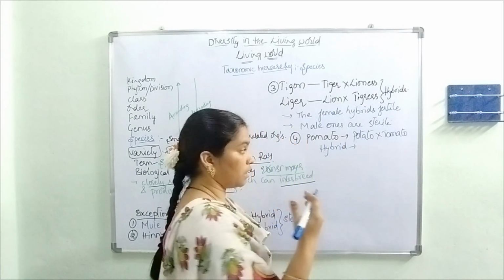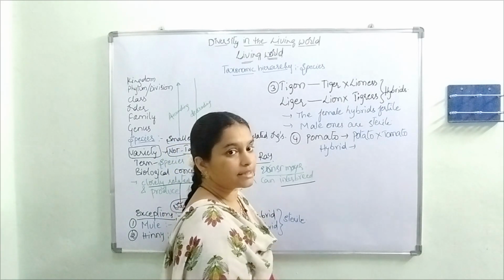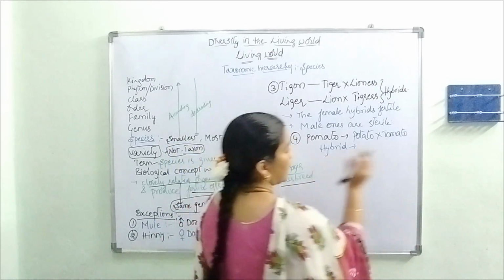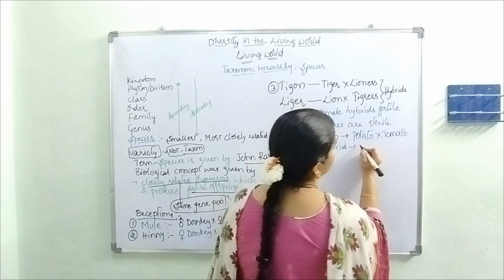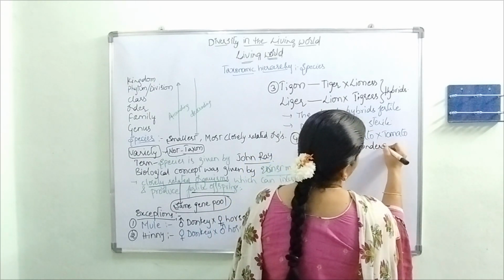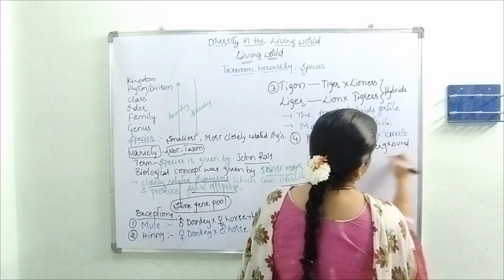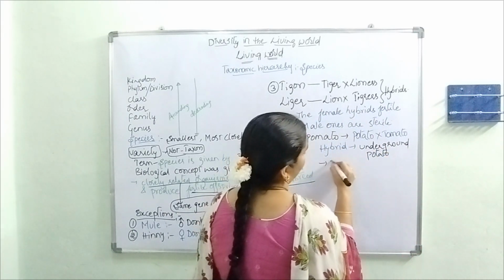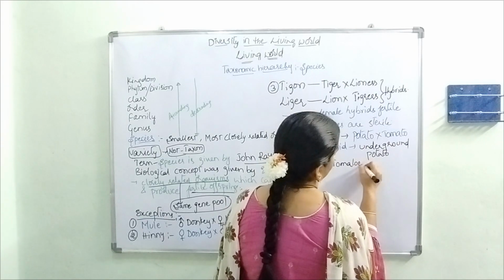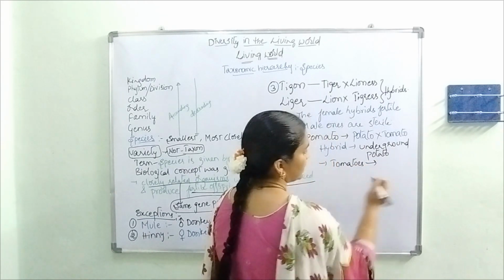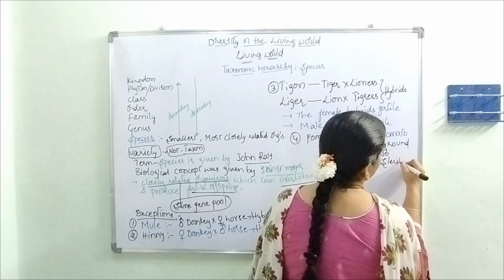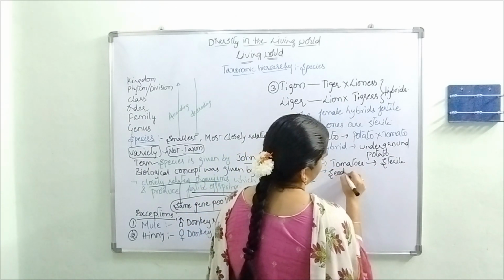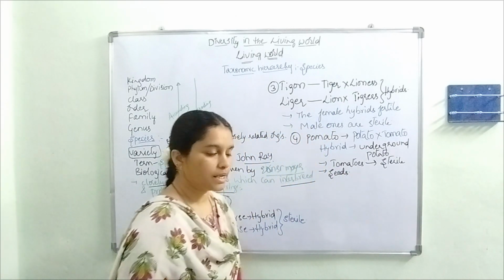Can it produce the next generation or offsprings? The answer is no. Why? Because it is a hybrid. It gives potatoes underground and tomatoes above the ground, but it is sterile. It cannot produce seeds.